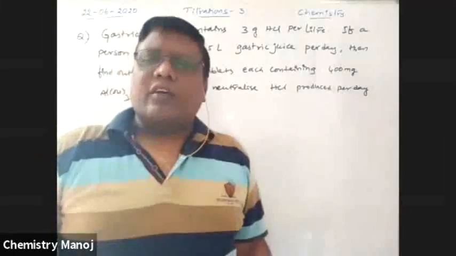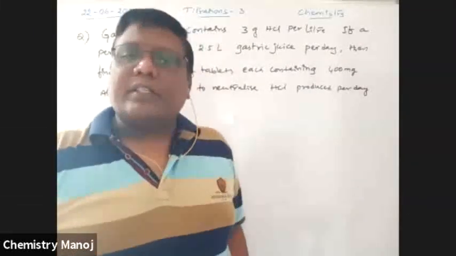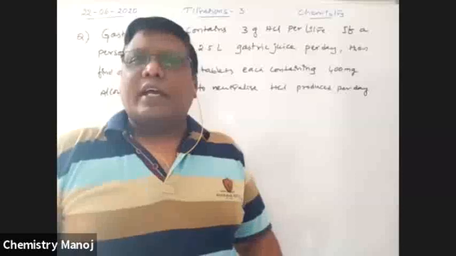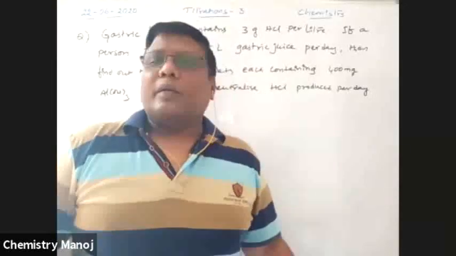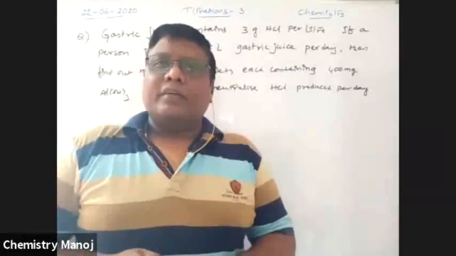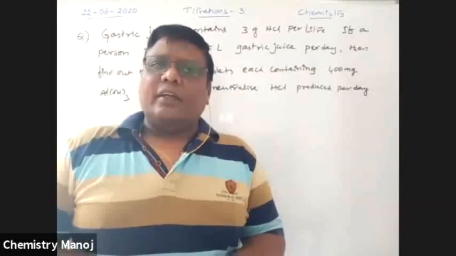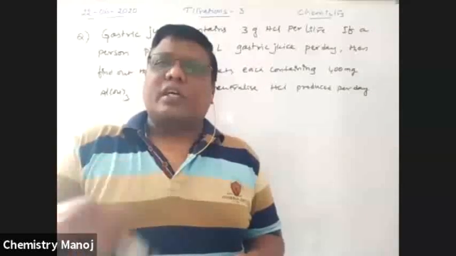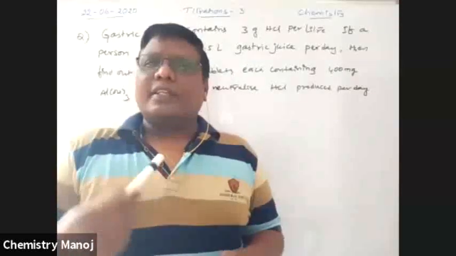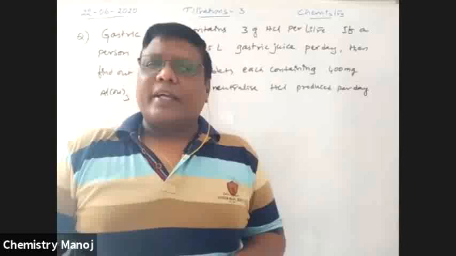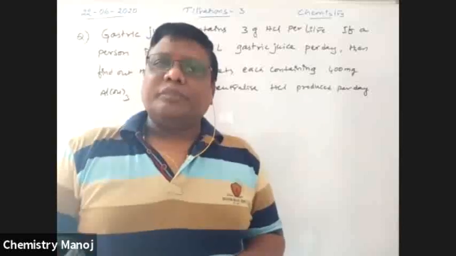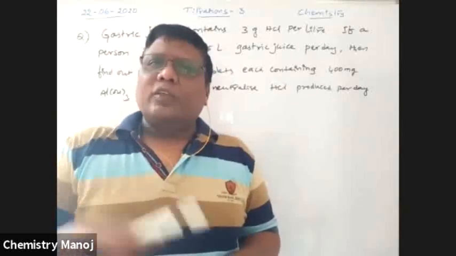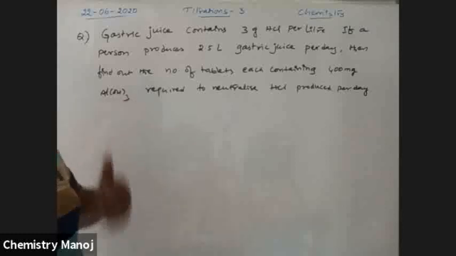Generally in our stomach, some acids are released. If the acid part is more, that leads to acidity, so to neutralize that acidity we drink packets or solutions that have bases in them, like aluminum hydroxide.